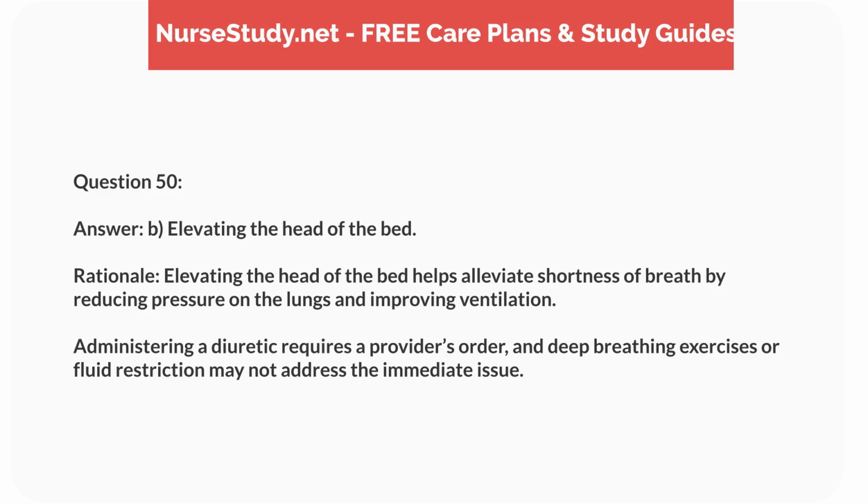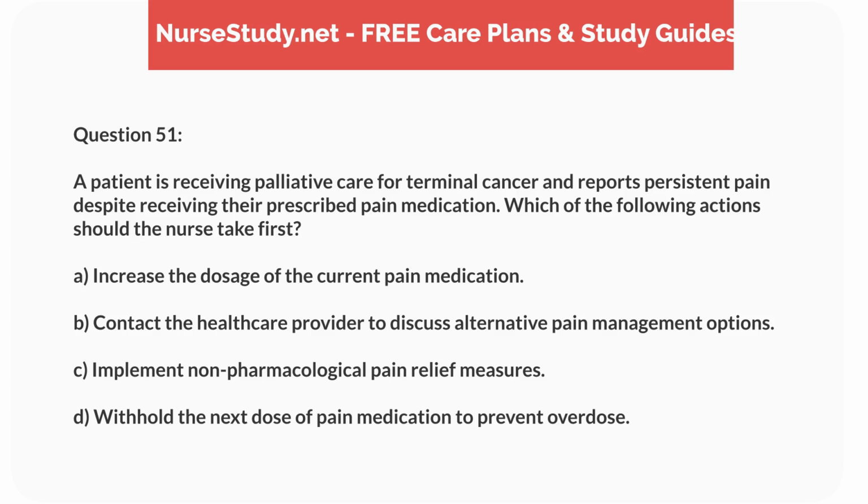issue. Question 51. A patient is receiving palliative care for terminal cancer and reports persistent pain despite receiving their prescribed pain medication. Which of the following actions should the nurse take first? A. Increase the dosage of the current pain medication.